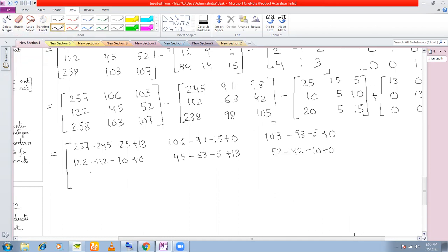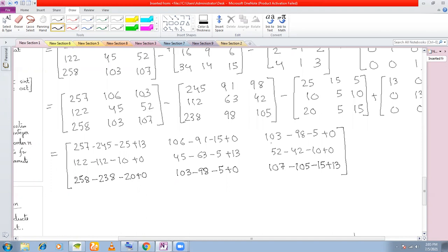And here you have 258 minus 238 minus 20 plus 0. Here you have 103 minus 98 minus 5 plus 0. Here you have 107 minus 105 minus 15 plus 13.